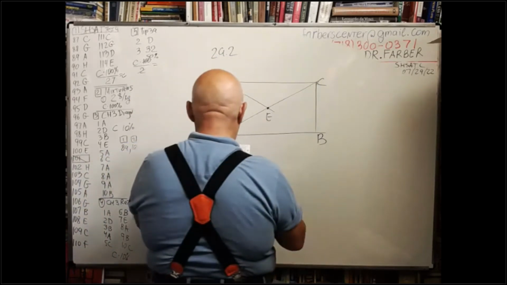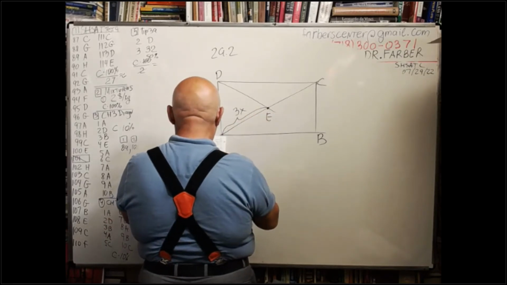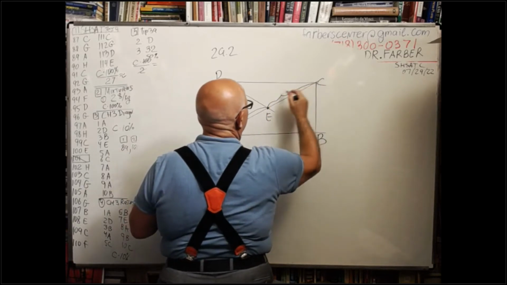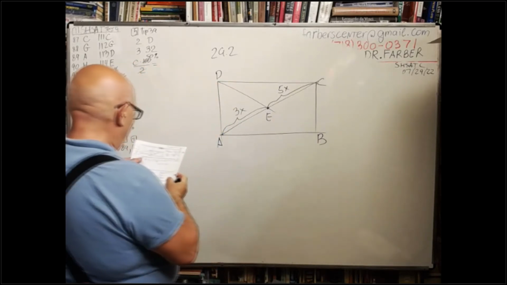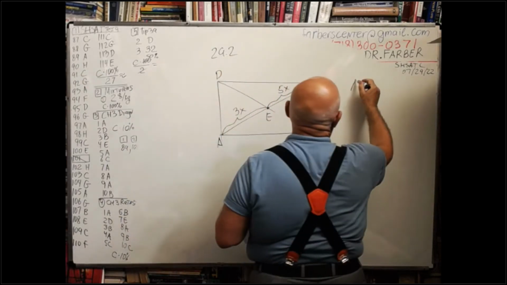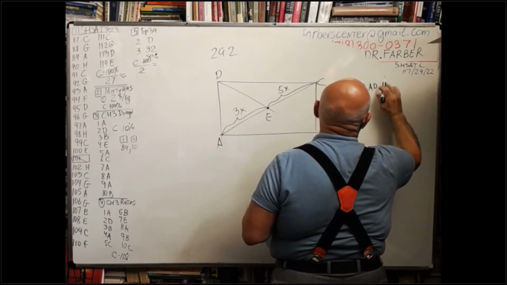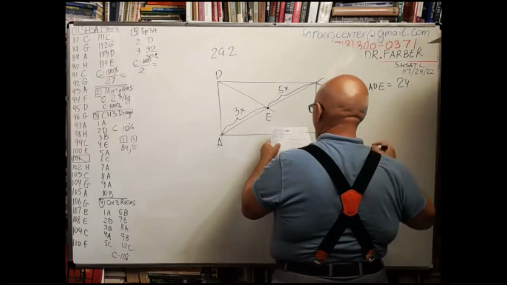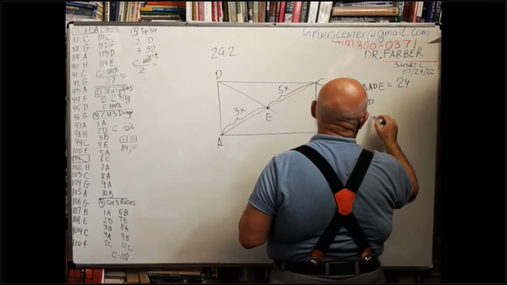AE, this piece, to EC, this piece, and area ADE equals 24. Find the area of the rectangle.